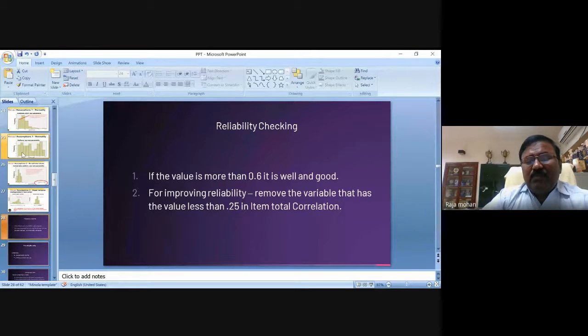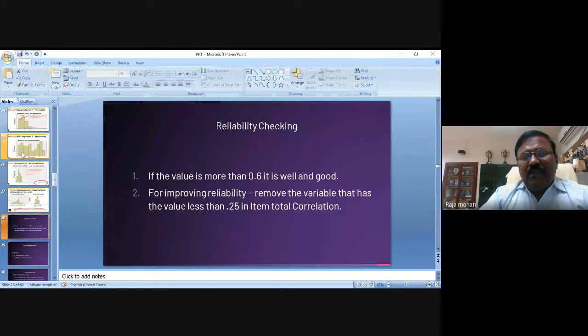When the value is more than 0.6, it is good. If it is 0.7, 0.8, 0.9, it is very good, we used to say. But even 0.5 is an acceptable level, some statisticians used to say. Let us see that some kind of reliability is required. For that, let it be more than 0.6. 0.5 is also acceptable. When you put the question to a statistician, they will say the same thing.